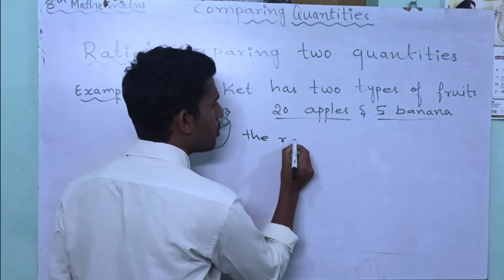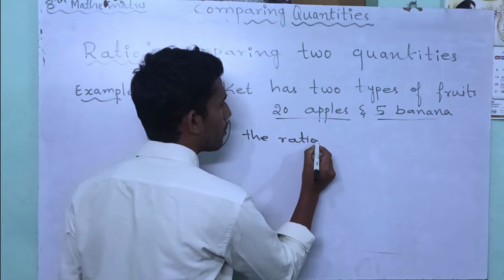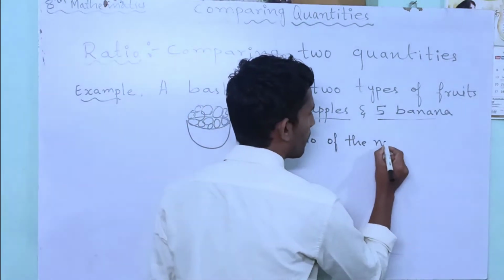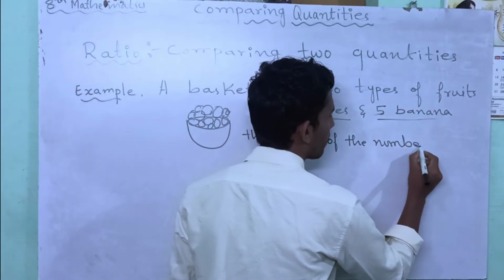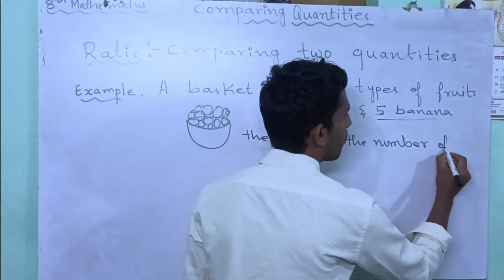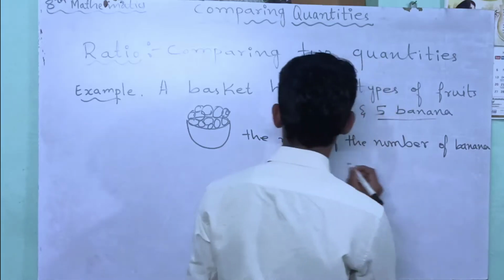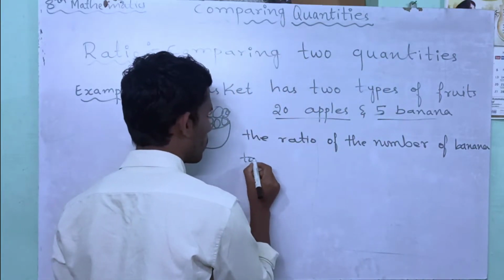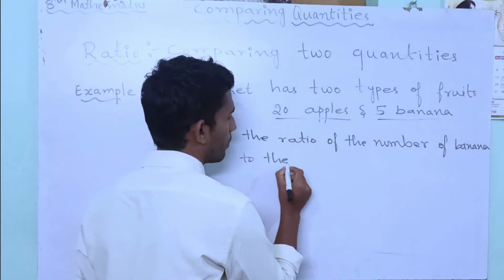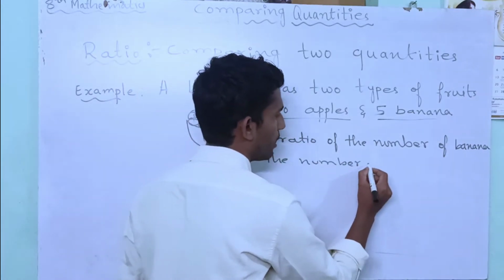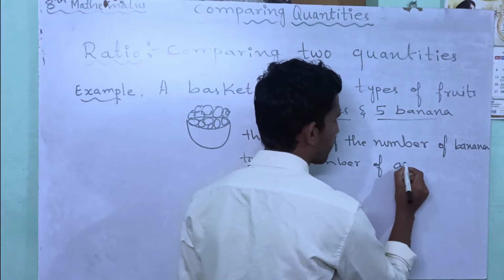The ratio of the number of bananas to the number of apples.